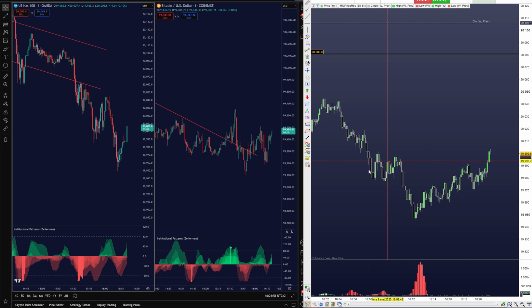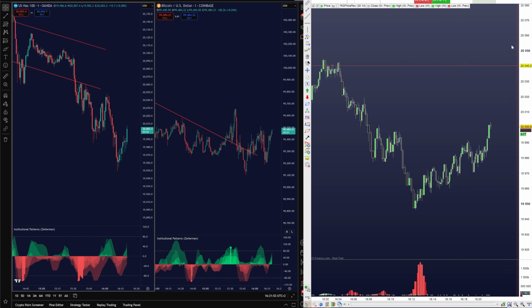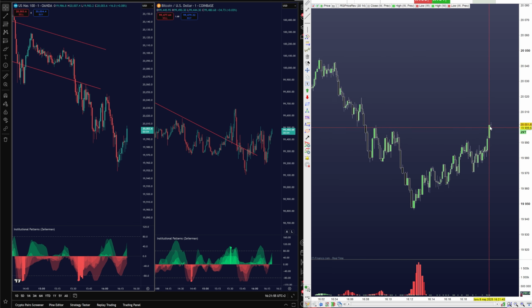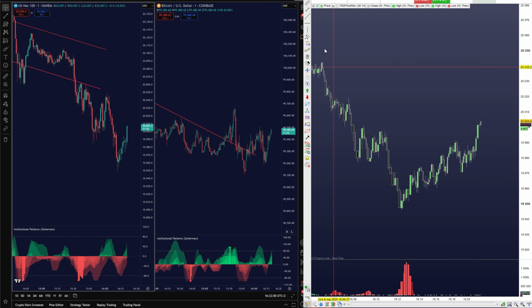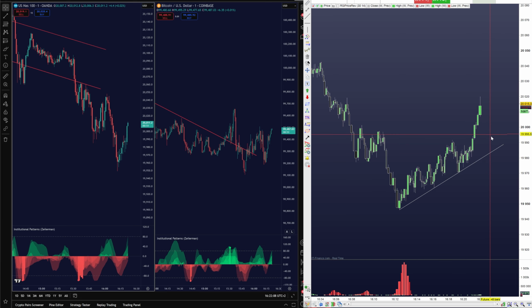We're breaking some highs, right? So maybe if we get a great pullback back down and we can maintain this intraday bullish trend channel right there, we can have a great nice retest entry.